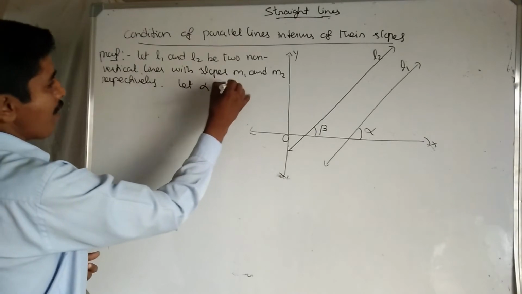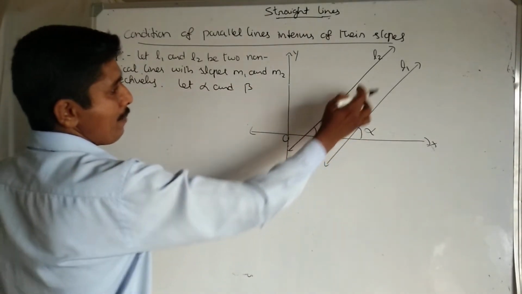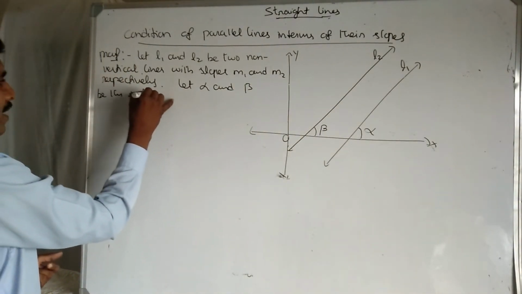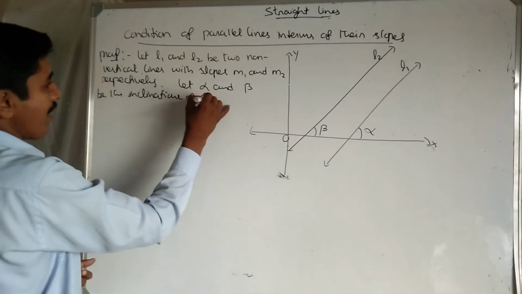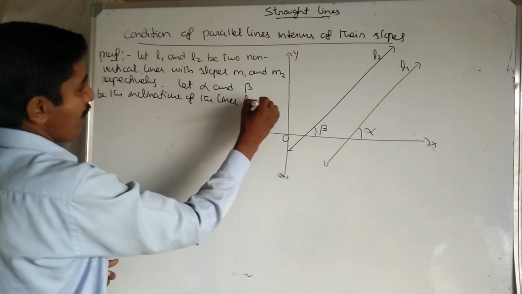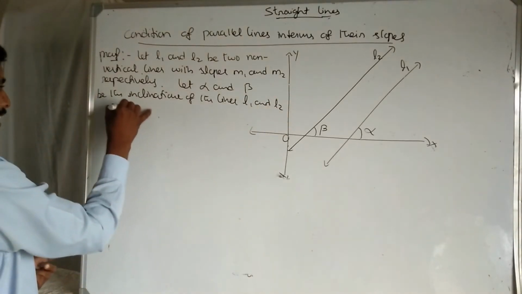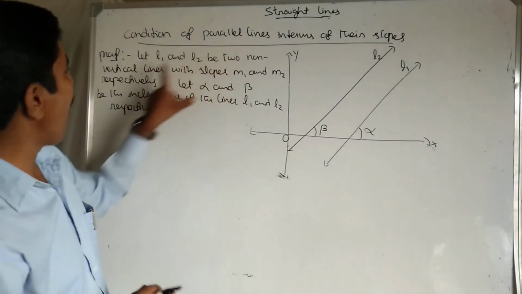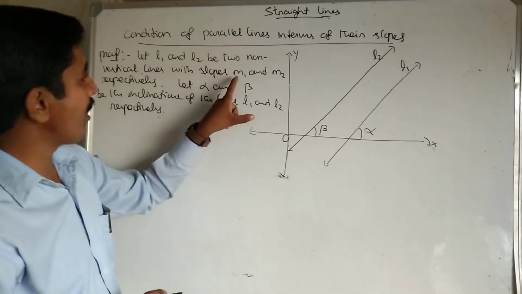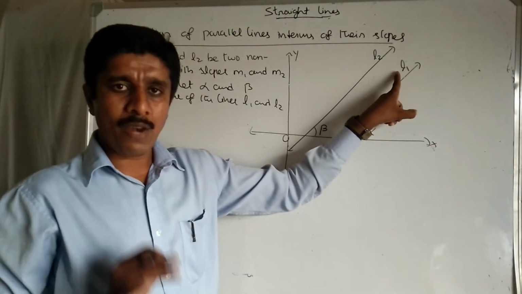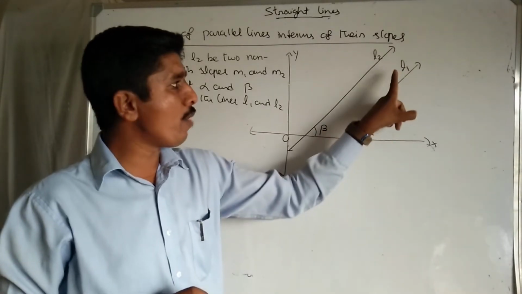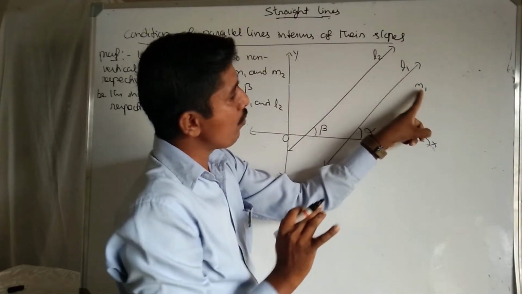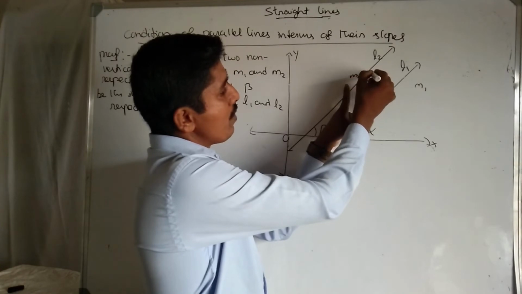Let alpha and beta be the inclinations of the lines L1 and L2 respectively. Here the slope of the line L1 is denoted m1, and the slope of the line L2 is denoted m2. M means slope. Got it.